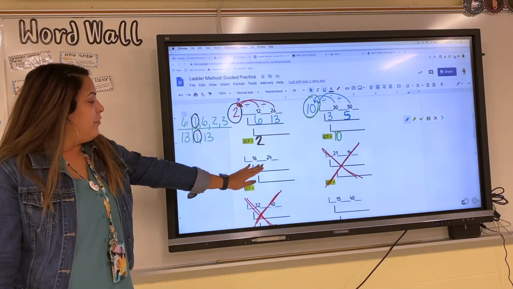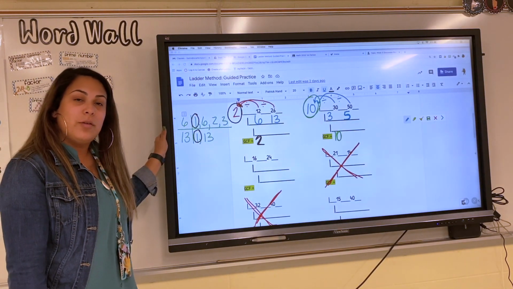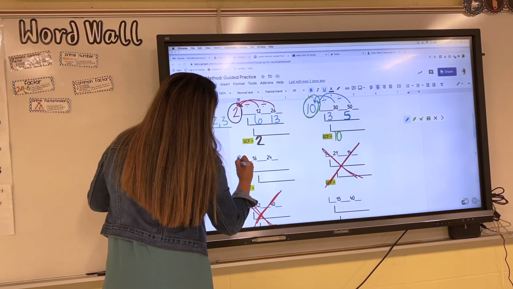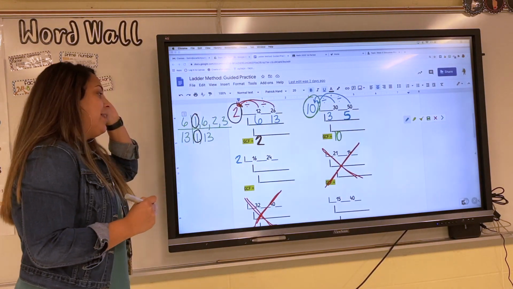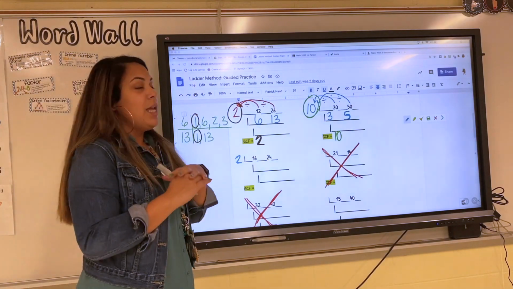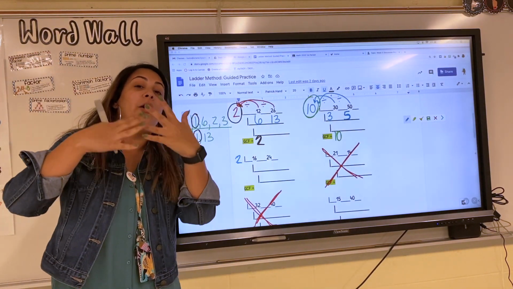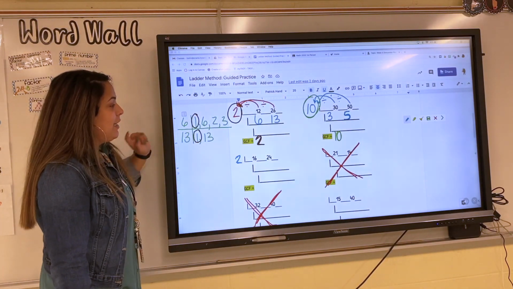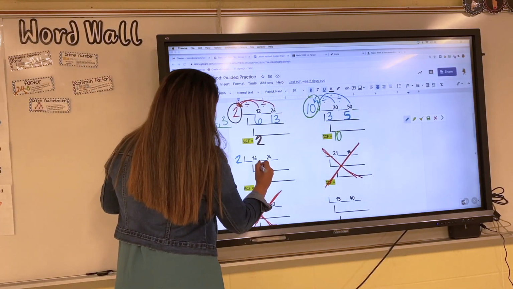So remember, if both of the numbers are even, we can automatically divide by 2. So I'm gonna put 2 on the outside of my ladder rung. Now I'm going to divide both sides by 2. 16 divided by 2 is 8.